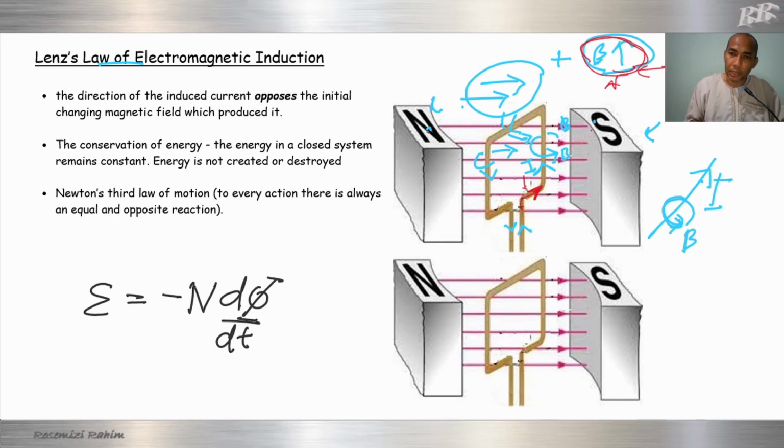Then this induced current, in the same direction, will be produced like this. This red one is in the same direction as this one, so we have to add another magnetic field, produced by this current. Then the magnetic field is higher.